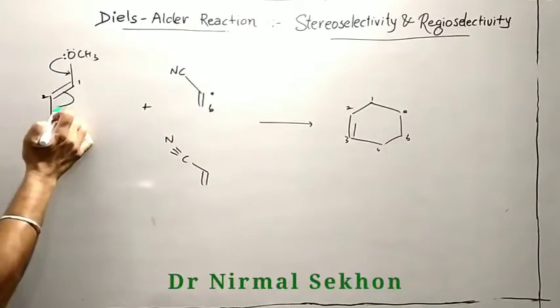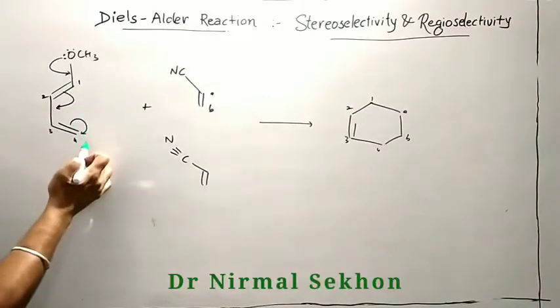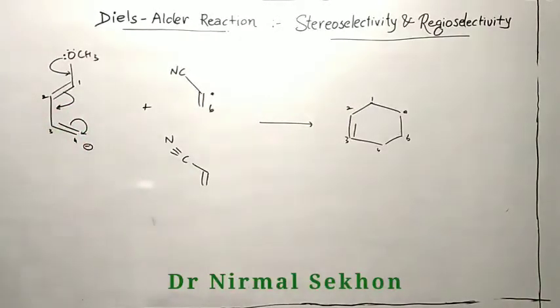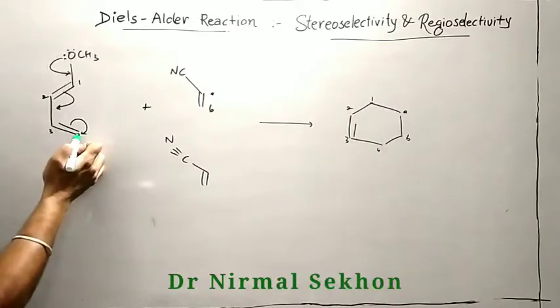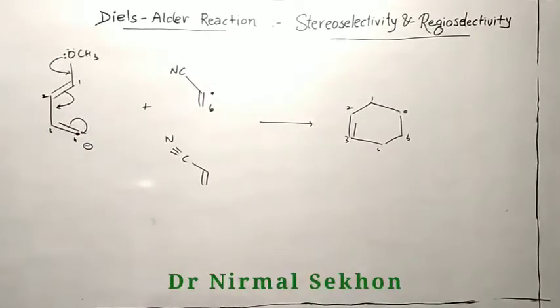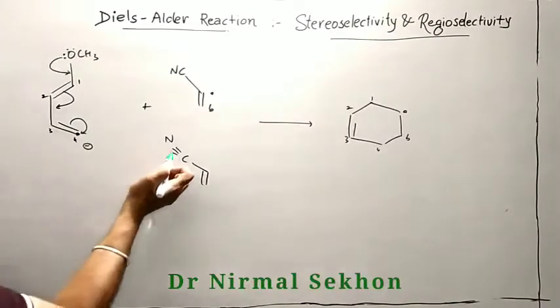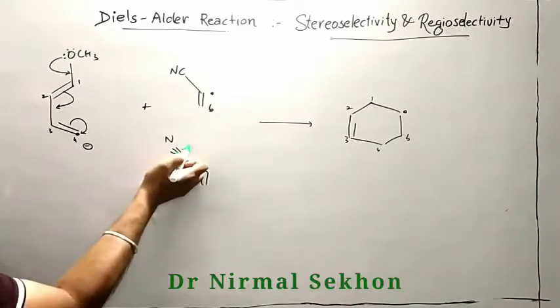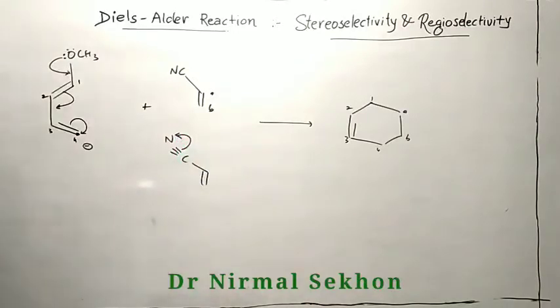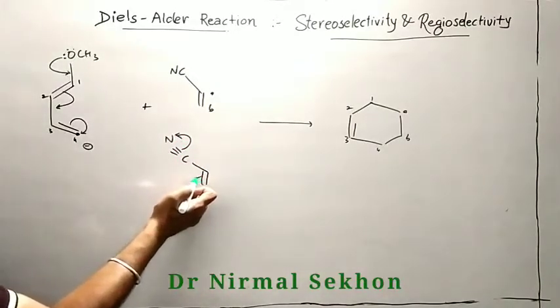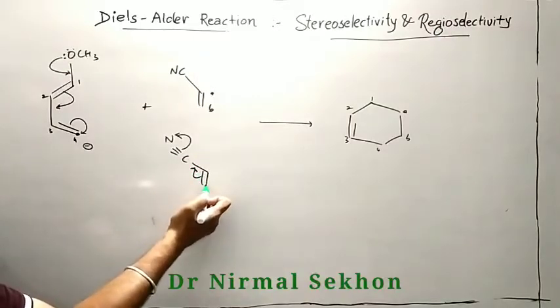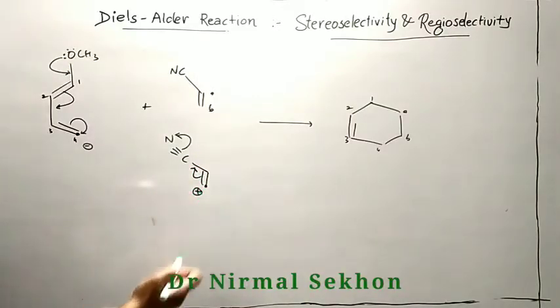This double bond shifts here, and we get a negative charge on carbon number 4. On the dienophile, nitrogen is more electronegative than carbon, so the electron pair shifts here. This will pull this pi bond, and this carbon gets a positive charge.